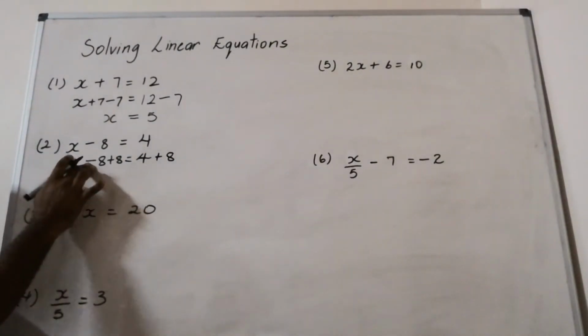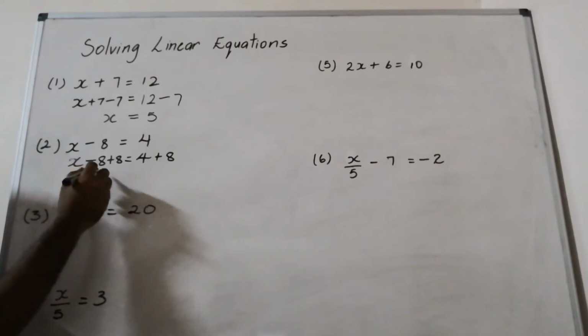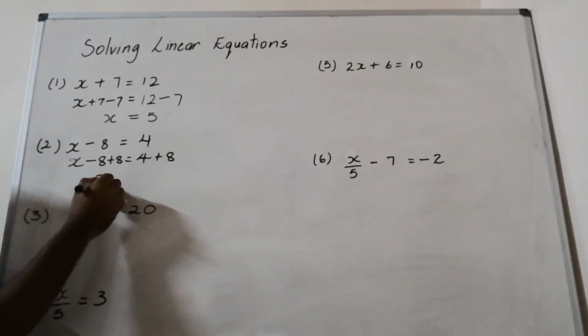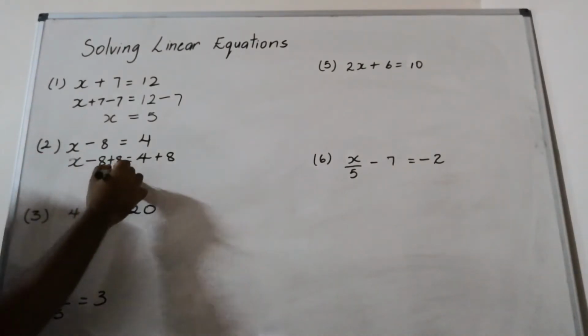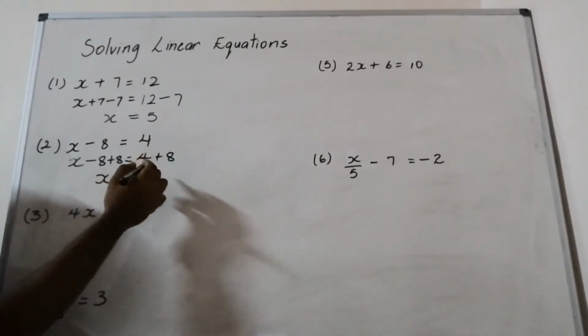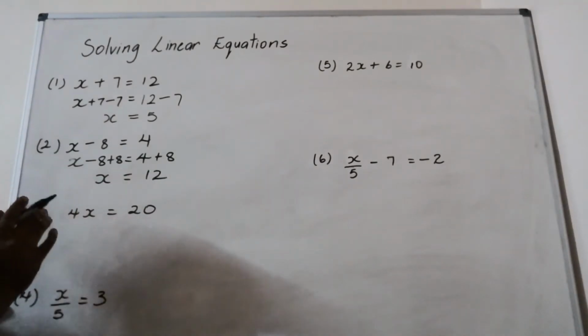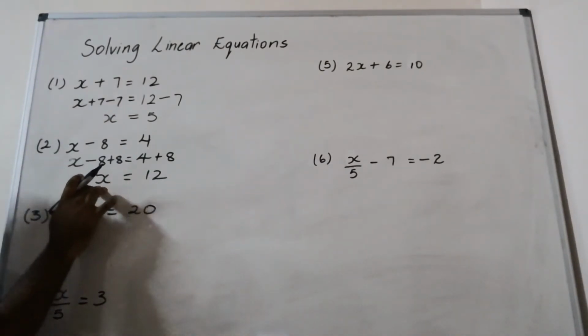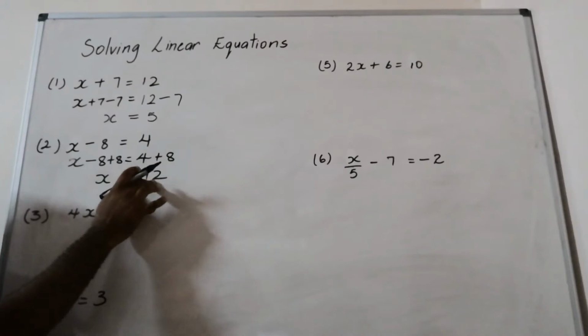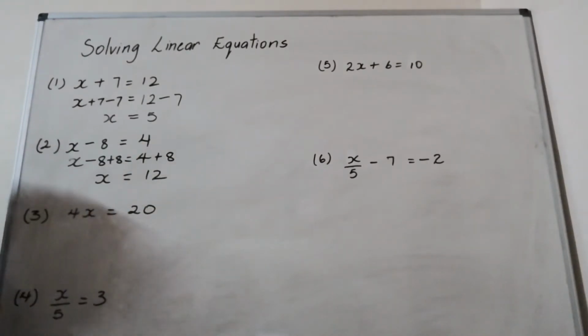Minus 8 plus 8 gives us 0, so what is remaining over here is x. x will be equal to 4 plus 8, which is 12. So therefore, x is equal to 12. And let's check it back. 12 take 8 is equal to 4.